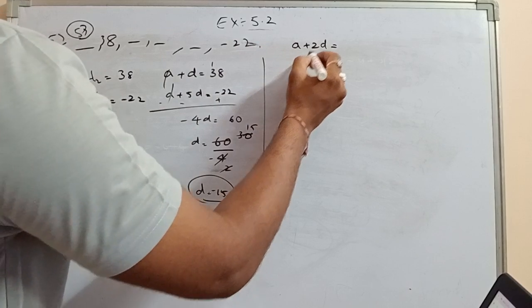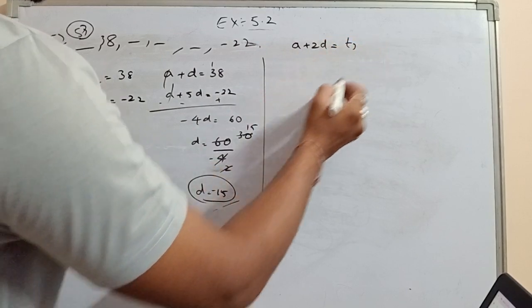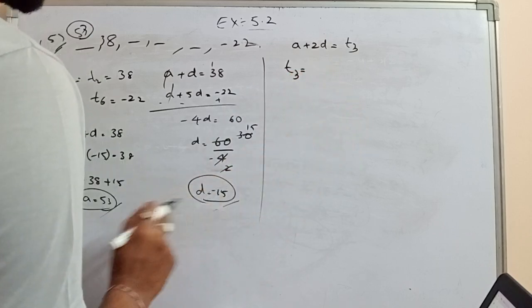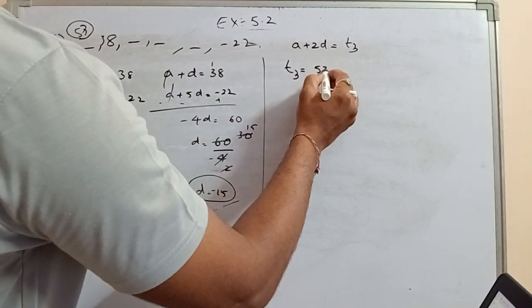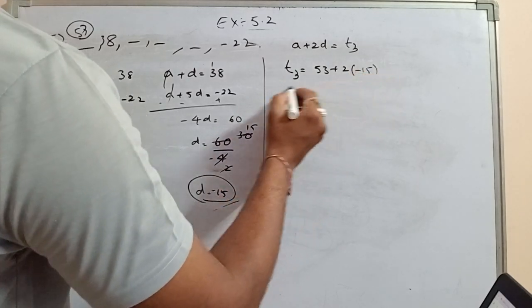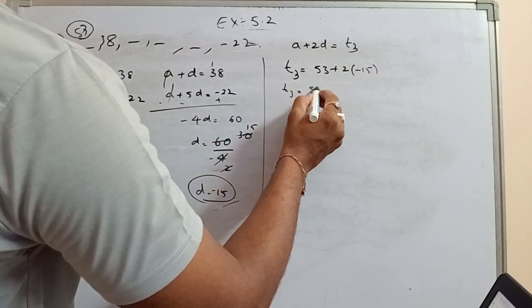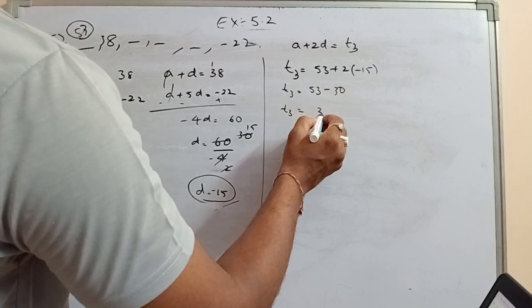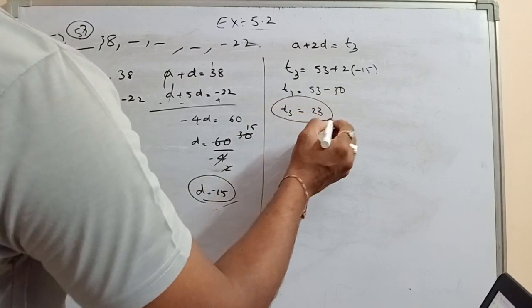What is the value of a? 53 plus 2 into the d value, which is minus 15. So T3 is 53 minus 30, so T3 will be 23.